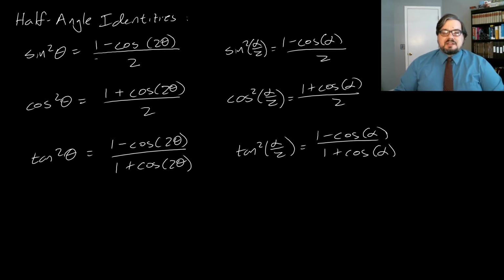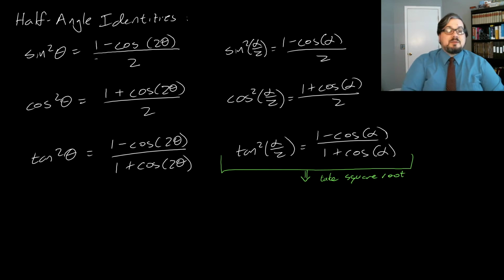Now, one of the things that we can also get out of the half-angle identities is expressions for just sine, cosine, and tangent of alpha over 2 if we take the square root. The one thing we have to be careful of is that we do get a plus or minus expression showing up.